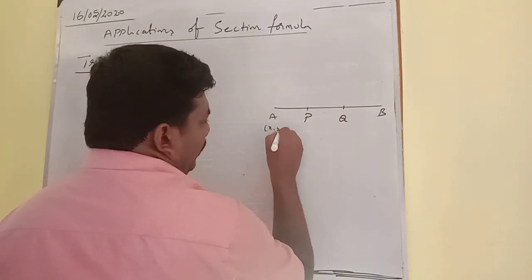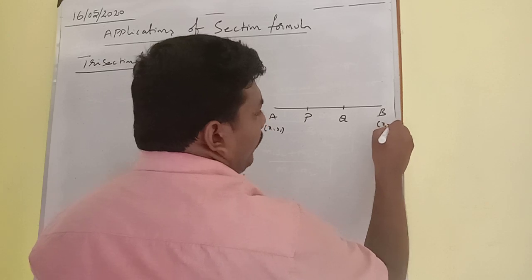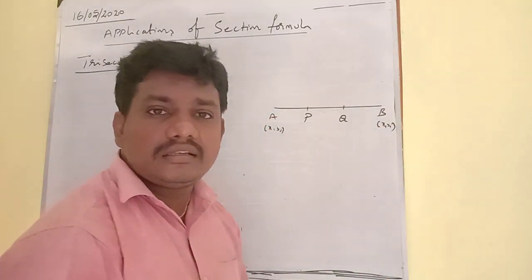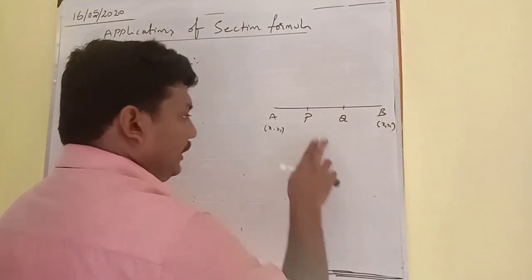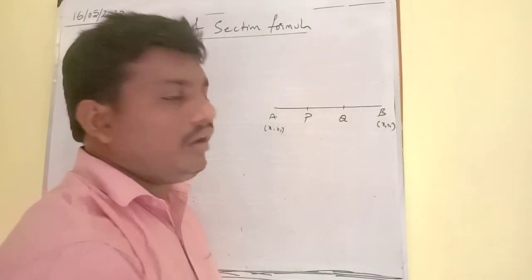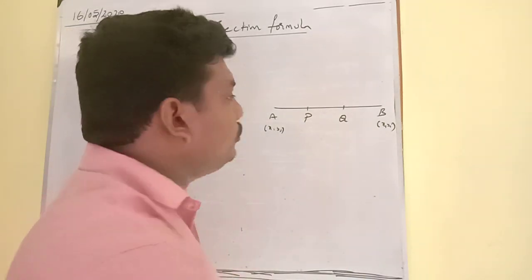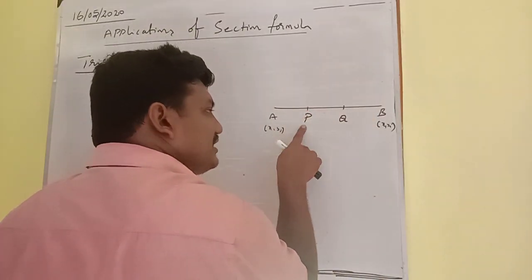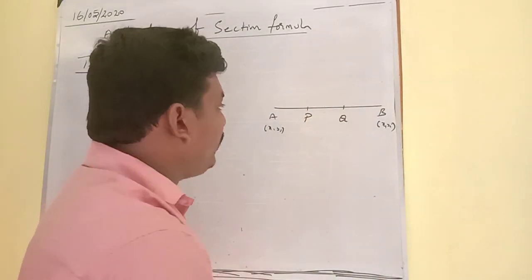A (x1, y1), B (x2, y2) are any 2 line segment joining points. Then 2 more points are placed internally on the line segment. If you take these as unknown points, what is the ratio?